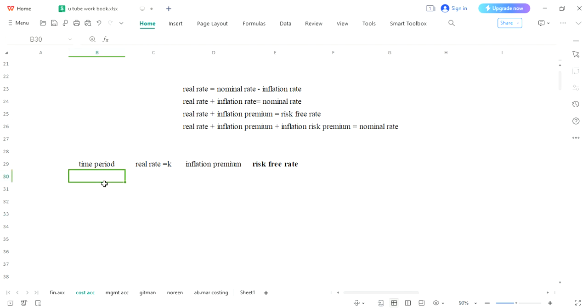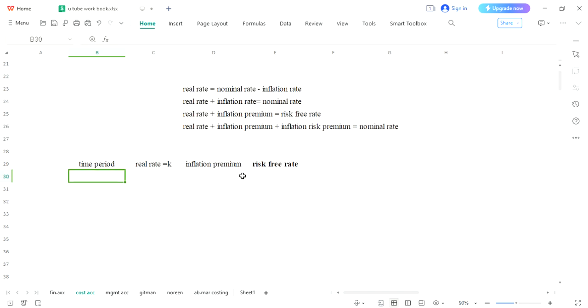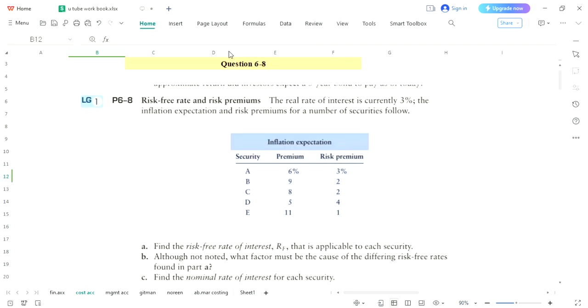Time period, everything is mentioned. No, time period is not given. Instead, different types of securities are given. Type of security, and it has been said A, B, C, D, E. After which we will see what real rate is mentioned in our question, and I'm sure you remember that in the first line we have already seen it. The real rate of interest is currently 3%.